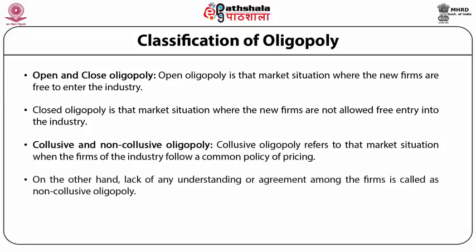On the other hand, lack of any understanding or agreement among the firms is called non-collusive oligopoly. In this type of oligopoly, firms act independently.